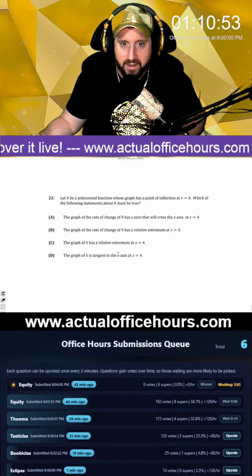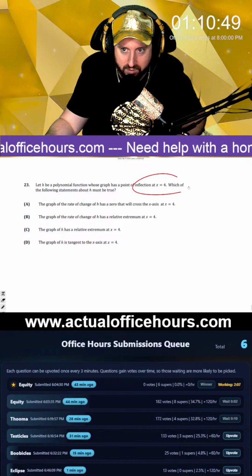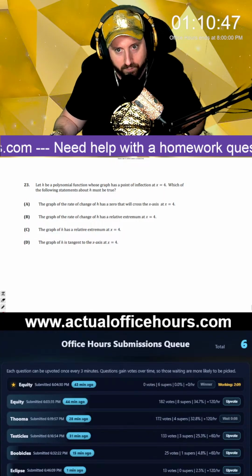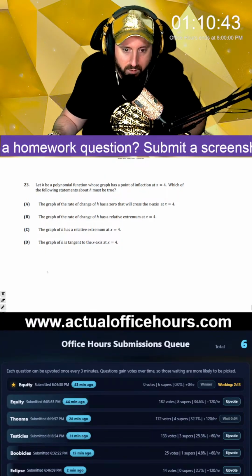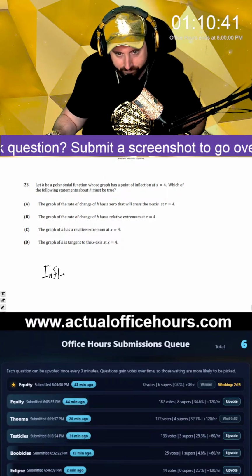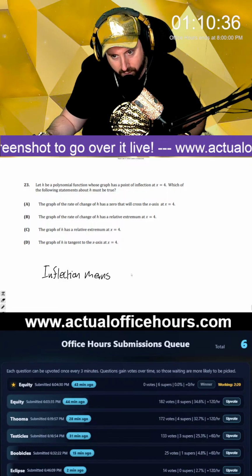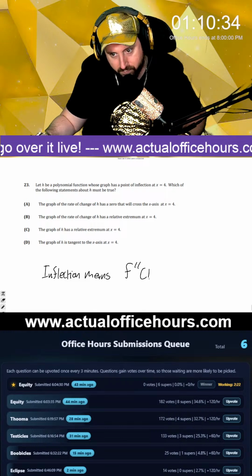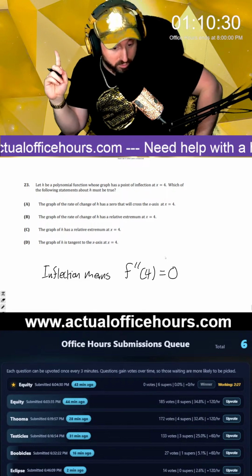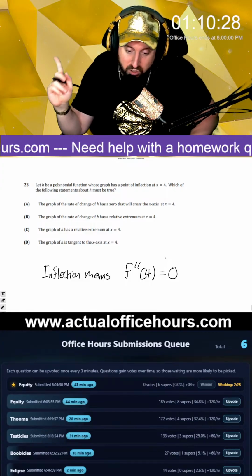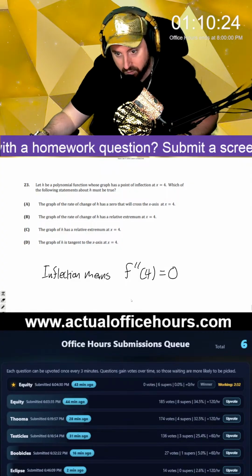Okay. Let h be a polynomial function whose graph has a point of inflection at x equals 4. Which of the following statements about h must be true? Okay, so inflection means that f double prime at 4 has to be equal to 0, and I think also that f double prime changes signs below and above.